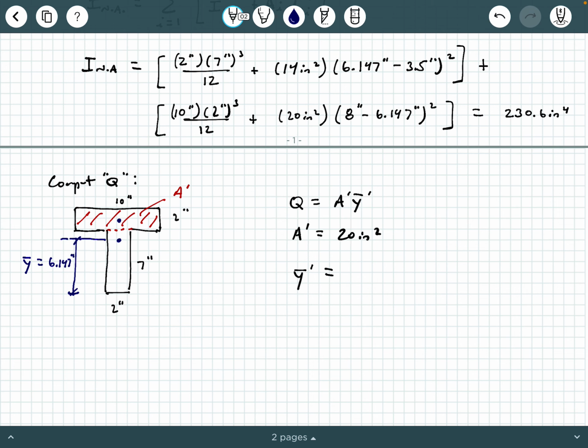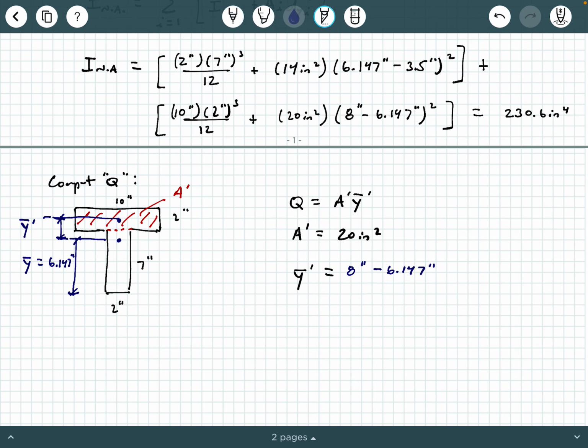And so what we're looking for is this distance here, Y prime bar, okay? And so Y prime bar is going to just be 8 inches minus 6.147 inches.